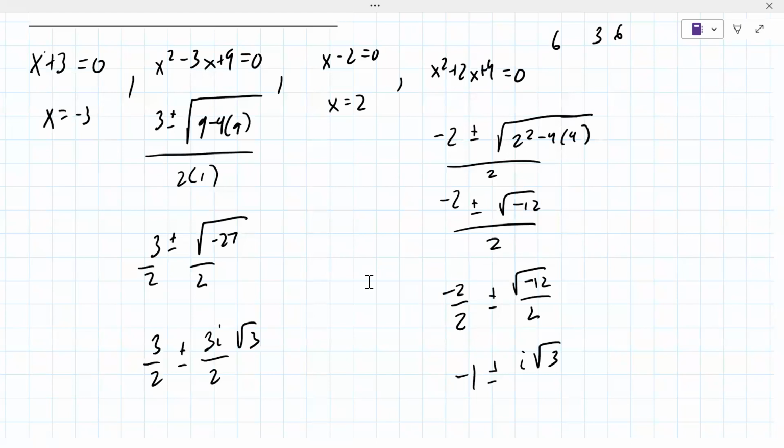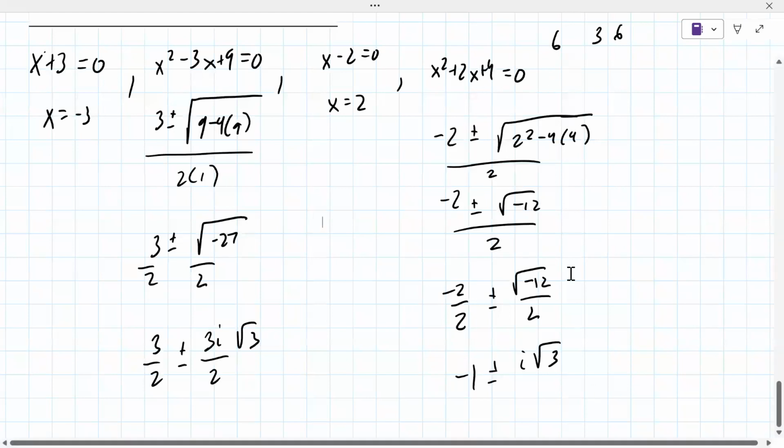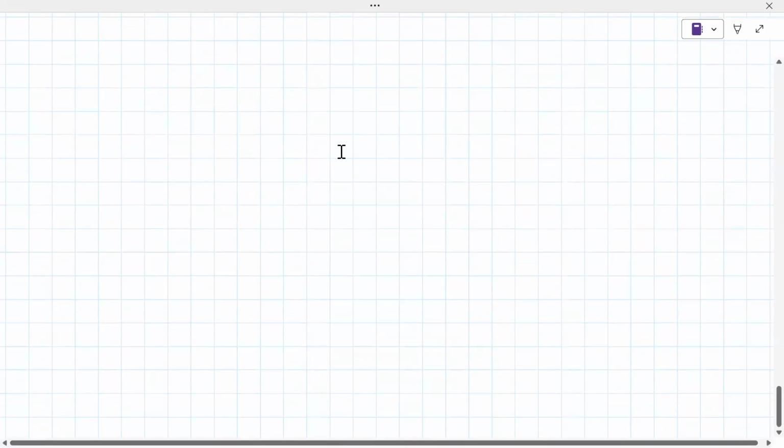So I'm thinking the other problems on 4.4 are mostly the ones with the four terms that you have to basically group it and then do that. Grouping's a challenge.